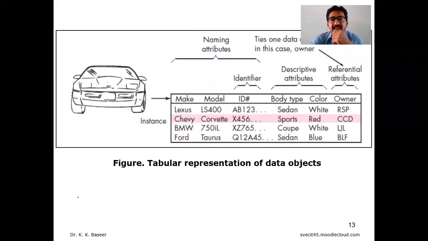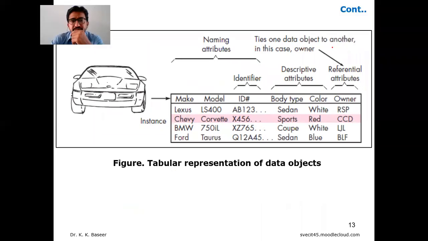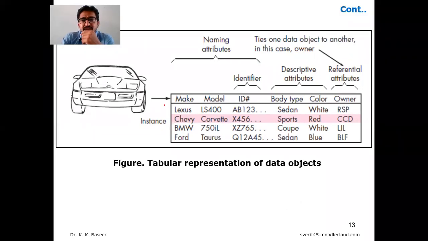If you look at the data objects in detail, if you see the example over here, what is this? No doubt about this, it's a car. So this car will be considered an object. Now let me talk about what the attributes are here and how this will be considered a data object.